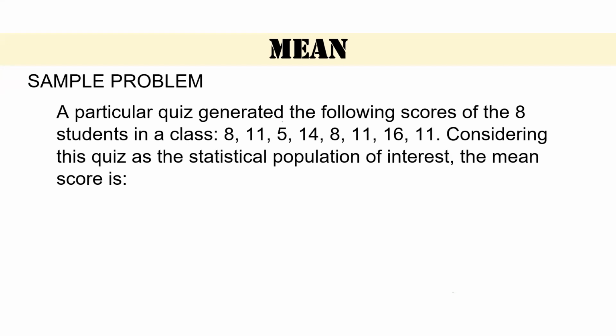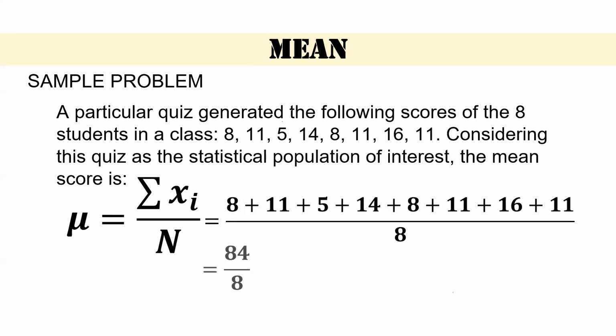Considering this quiz is the statistical population of interest, what is our mean score? Okay, so what are we going to do? We are going to add these scores and divide the result by what? 84 divided by 8 equals... 10.5, sir. Okay. So the sum of all the scores is 84.